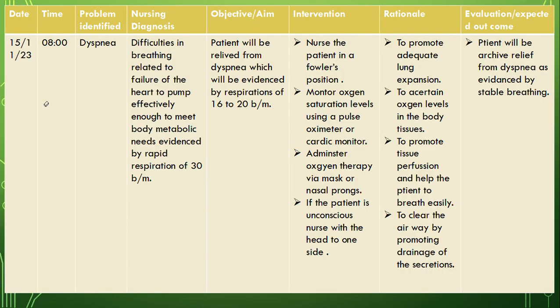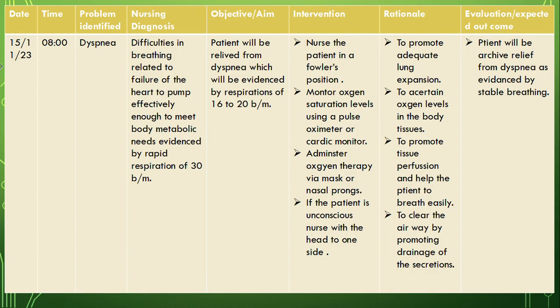So in this lesson, we are going to look at 5 problems that a patient with heart failure is likely to have. And the first problem that we've identified is dyspnea. At this particular time, I'm sure you are familiar with how to write a nursing care plan, how to draw it.